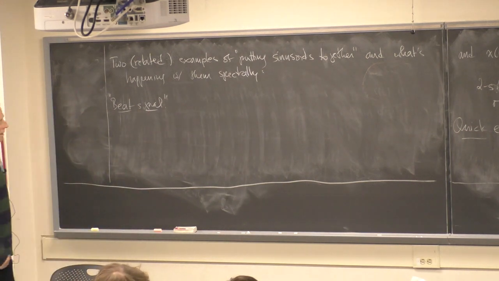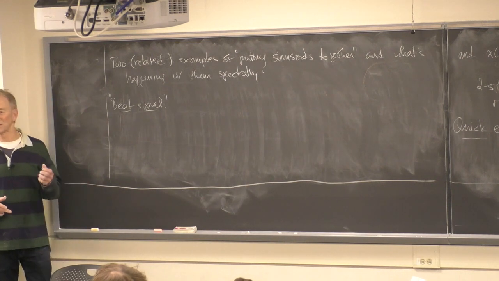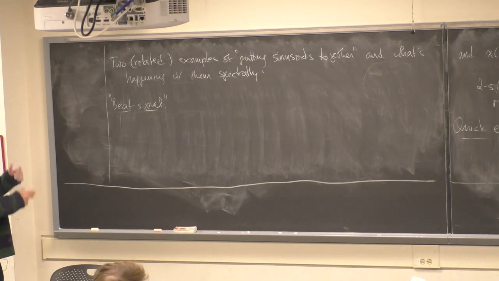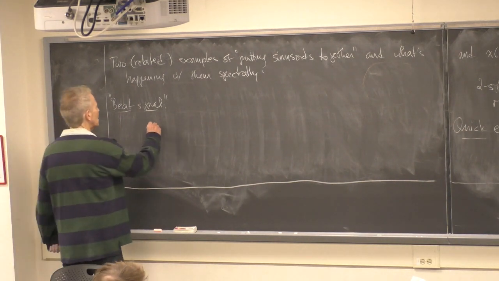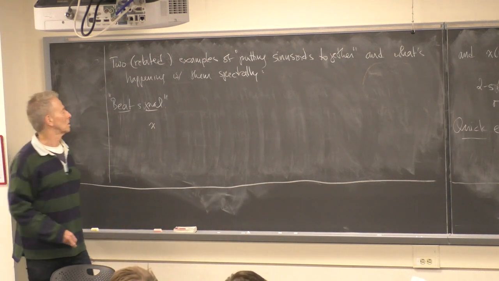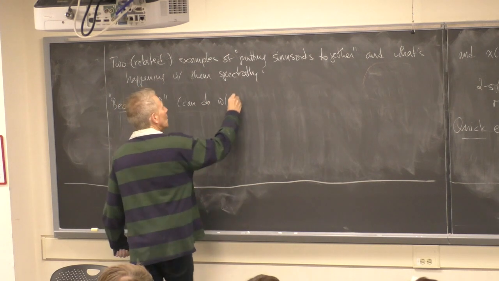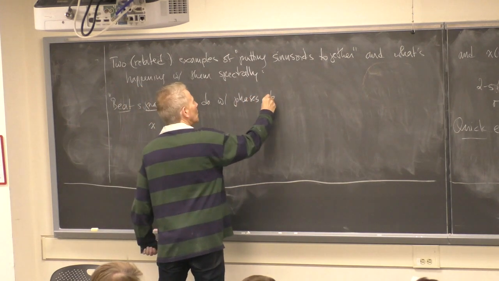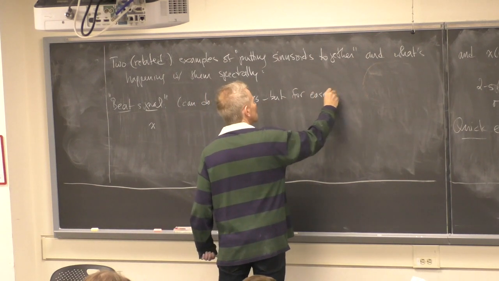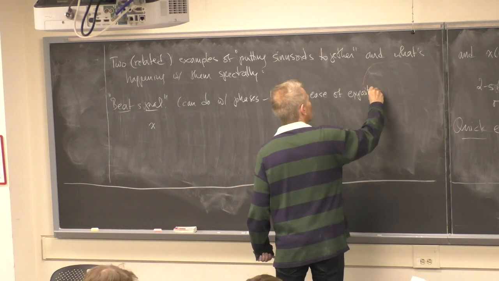This is not beats as in what the MC does, whoever is doing that. It's this. X of t, and you can do this with phases too, but I'm going to do it with no phases. For ease of exposition, we're going to leave that for the homework.